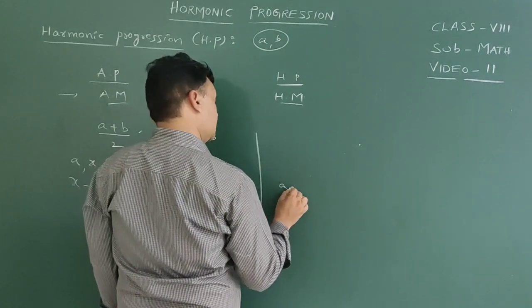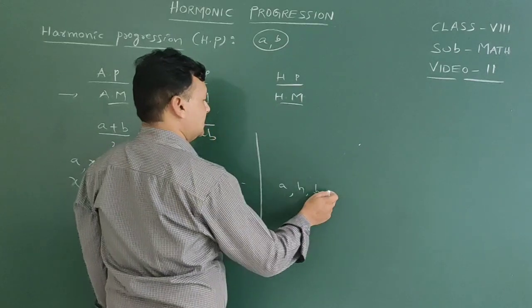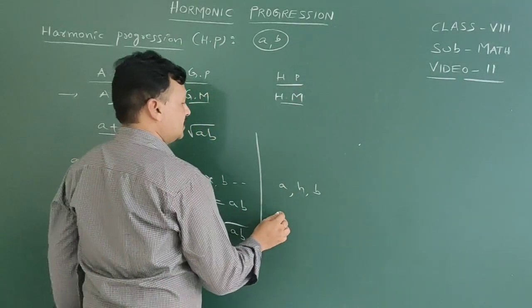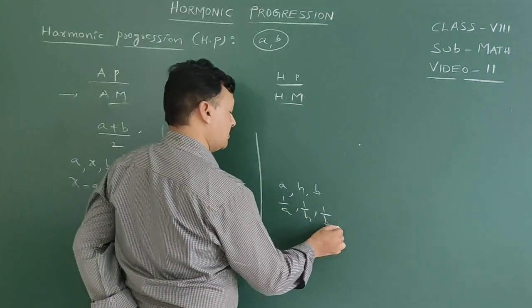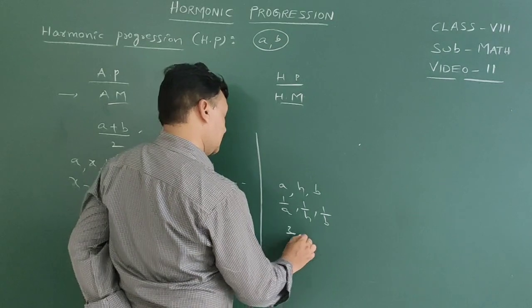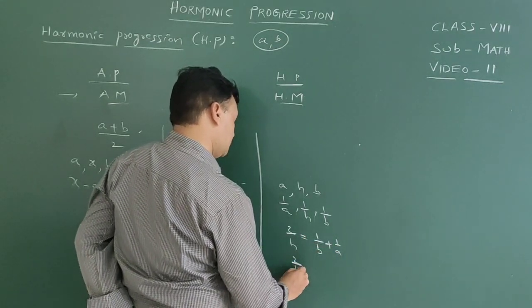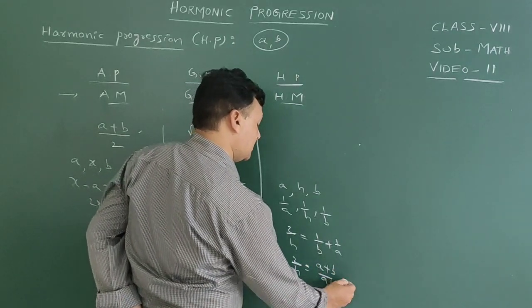Next, harmonic mean. Here A, H, B are in HP. We don't have a formula for finding terms in HP, that's why we take reciprocals: 1 by A, 1 by H, 1 by B. 2 by H equals 1 by B plus 1 by A. Now 2 by H equals A plus B by AB.